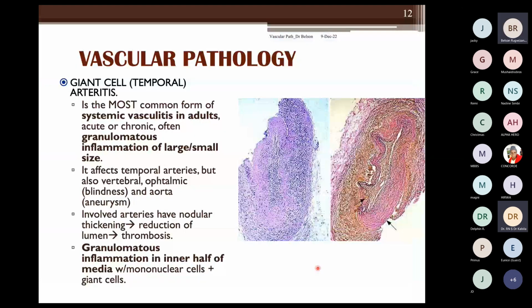So vascular, if we start with the one affecting the larger vessels, which is the temporal arteritis. So is the most common form of systemic vasculitis, and in adults, it is acute or chronic, often with granulomas. So it's like granulomas is the when you palpate.